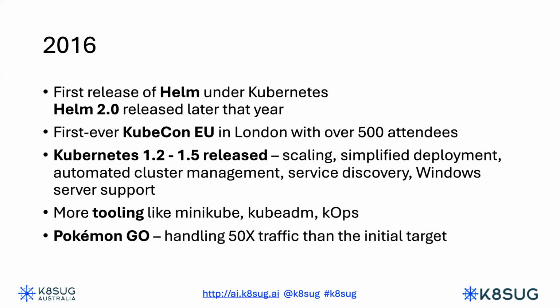In these releases, several tools were also introduced, like Minikube, which lets you run and test Kubernetes clusters locally. Then there's kubeadm, which helps you with bootstrapping clusters, and also kops, or Kubernetes Operations, an open source project that helps you manage your clusters effectively.